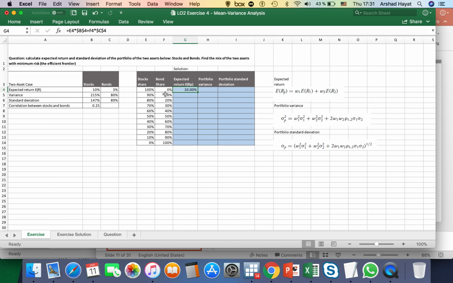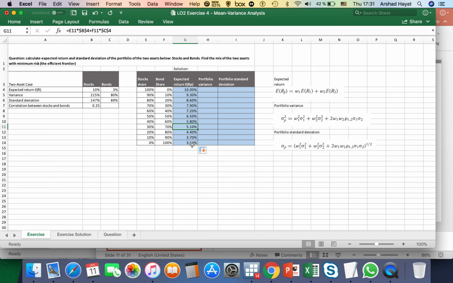Because our portfolio is only stocks, the return for the whole portfolio is the return for stocks. Now we come to the bottom right corner of the cell, where you will see a plus sign that becomes black. Simply select it and drag it down, and it will apply to the whole column.